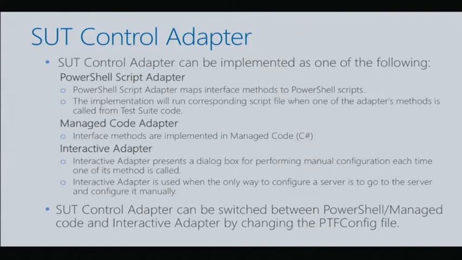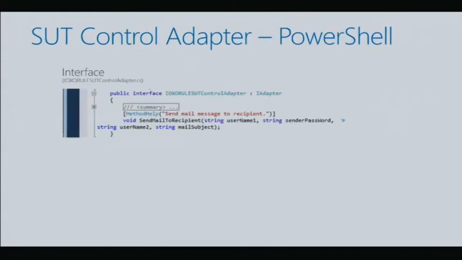So here is an example of a PowerShell SUT control adapter. You have an interface method over here, SendMailToRecipient. We declare in the PTF config that we are implementing this SUT control adapter using PowerShell, and we give the directory where we have the PowerShell scripts.